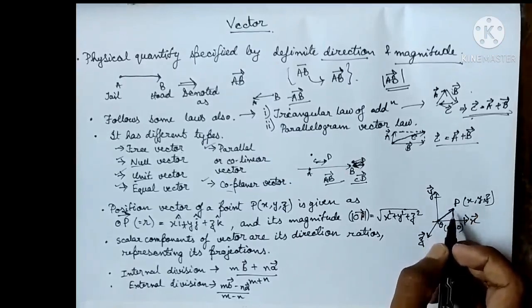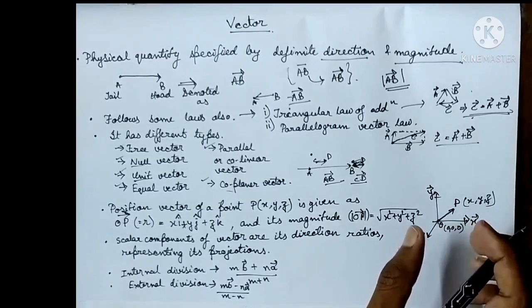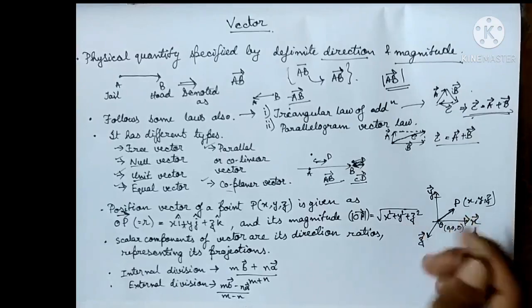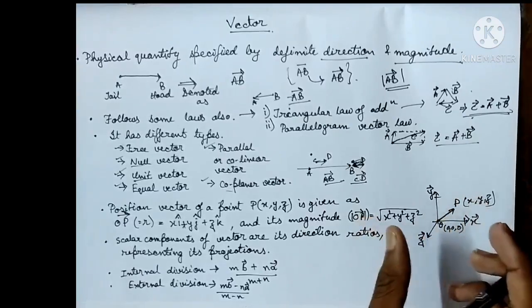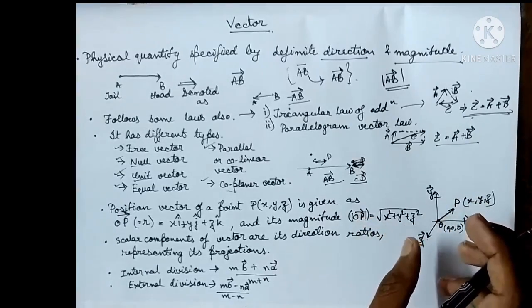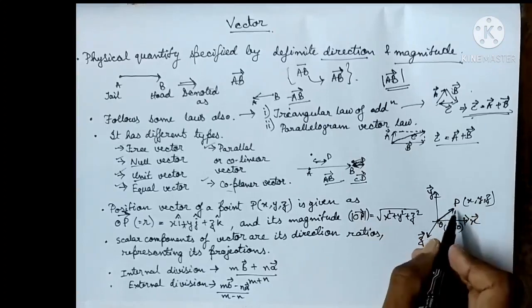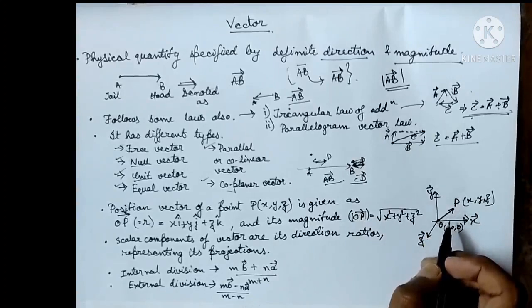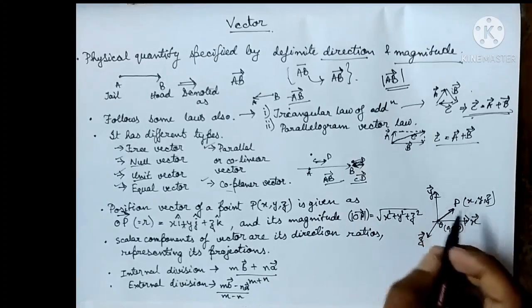Suppose sunlight falls exactly on the line OP, and the x-axis is there.